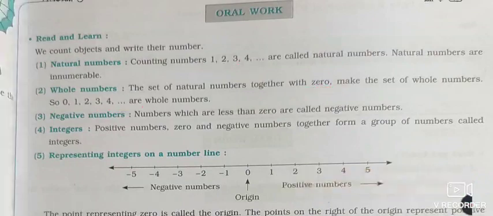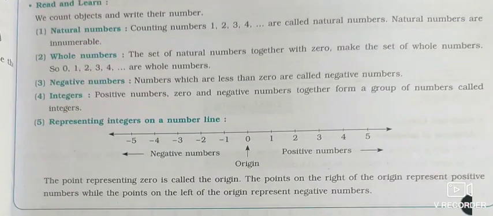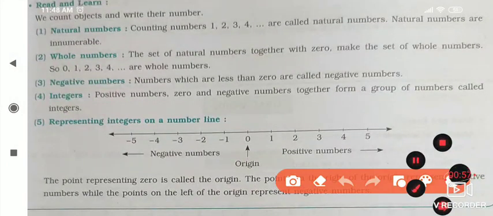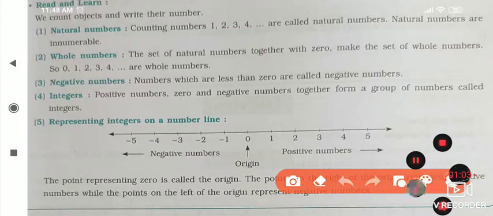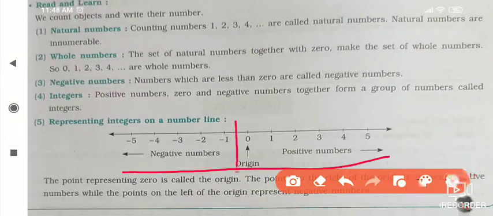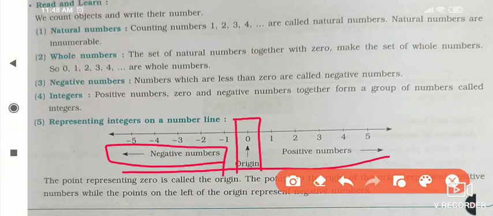Next it is the negative numbers. Numbers which are less than 0 are called negative numbers. As I told you, this is a number line, and on the number line there is a center, the origin. On the left side of the number line there are negative numbers, and on the right side there are positive numbers.